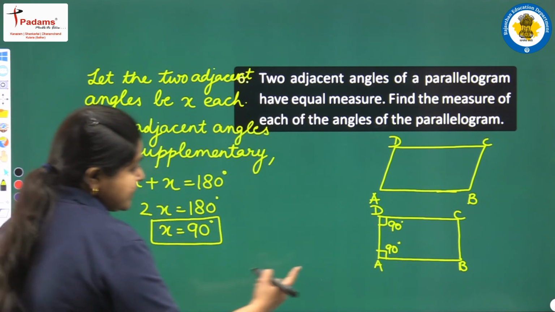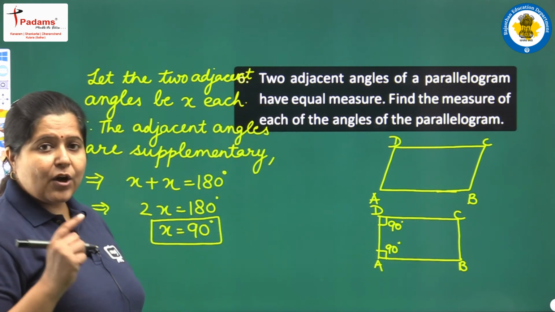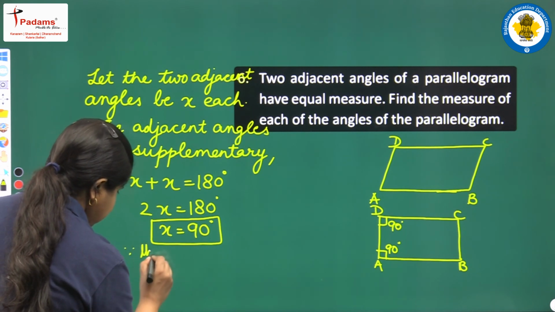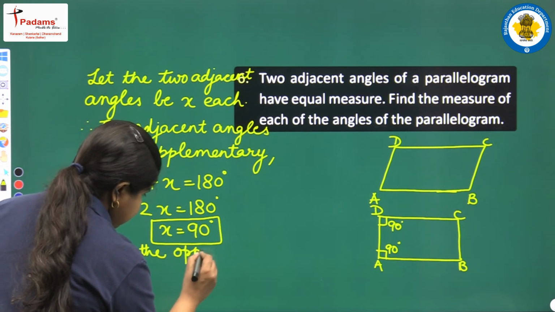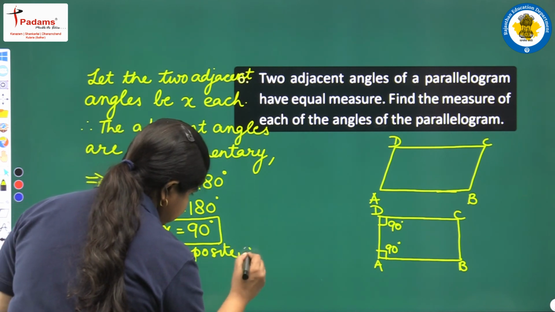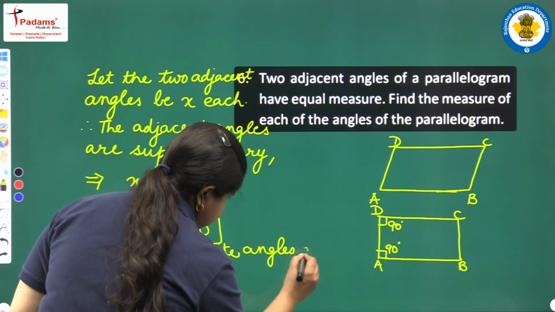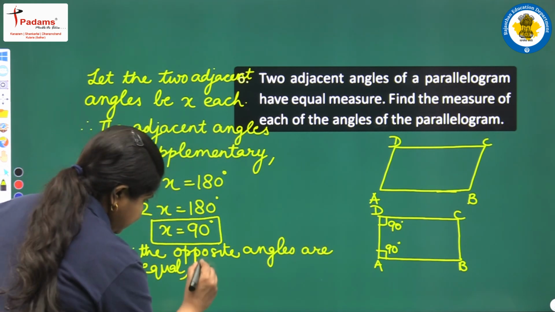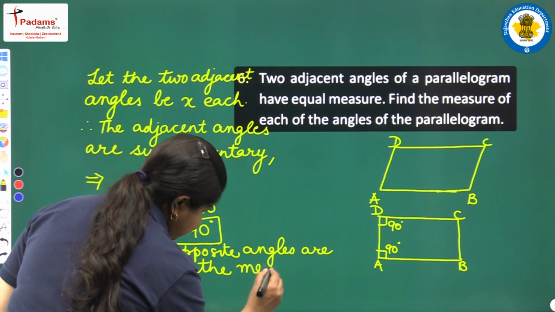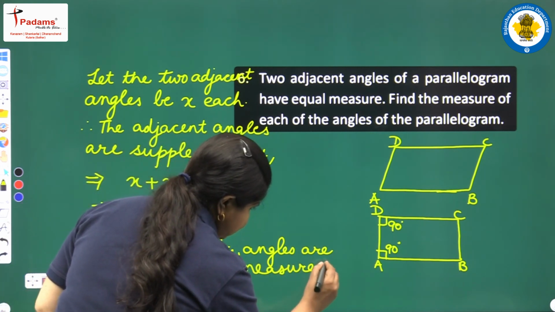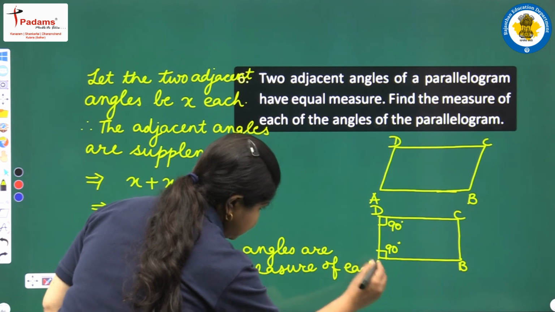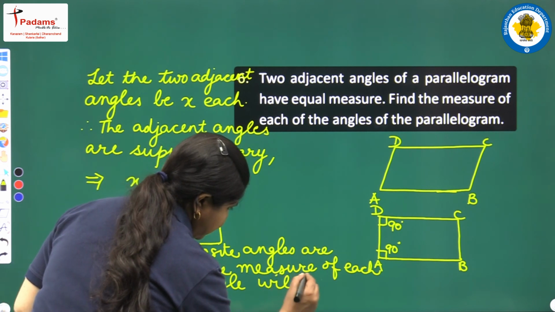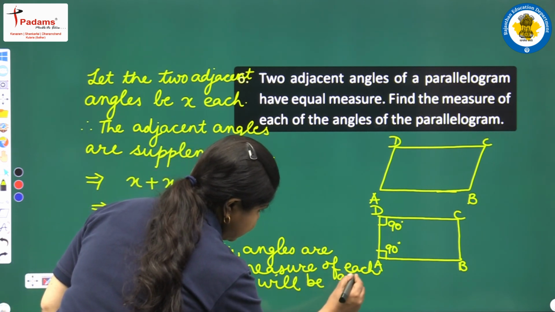Now we need to find B and C also. Since the opposite angles are equal, the measure of each angle will be 90 degree.